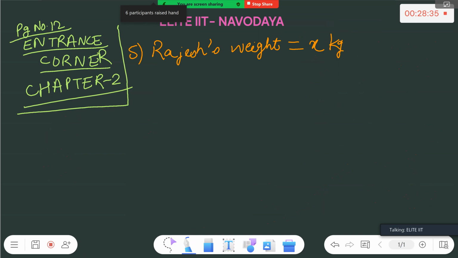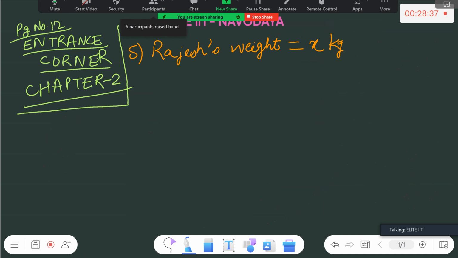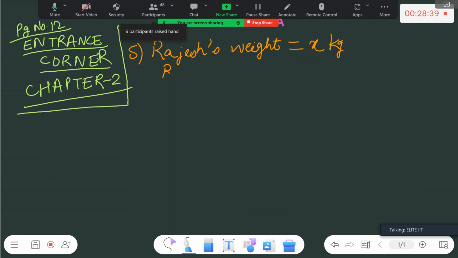Now, if Rajesh's weight I take X kg, then what is Ram's weight? It is given that Rajesh's weight is 5 kg less than Ram. So Ram's weight should be 5 kg more than Rajesh. So Ram should be X plus 5 kg. Yes or no?